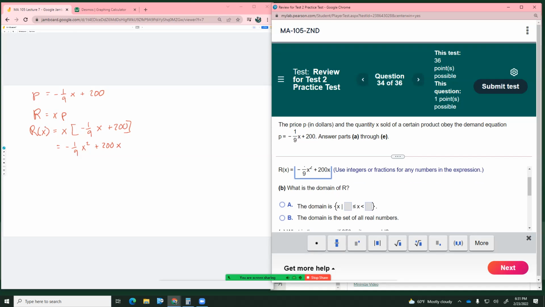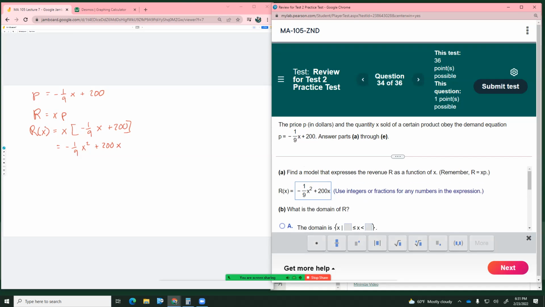All right, what is the domain of R? Well, I want to think about this. The way I look at it, this is a function that looks kind of like this, so this is the largest X I could go with.